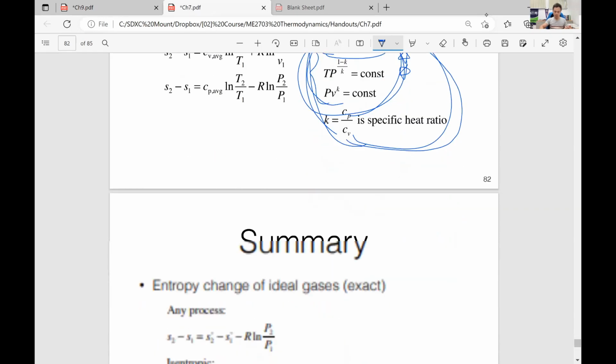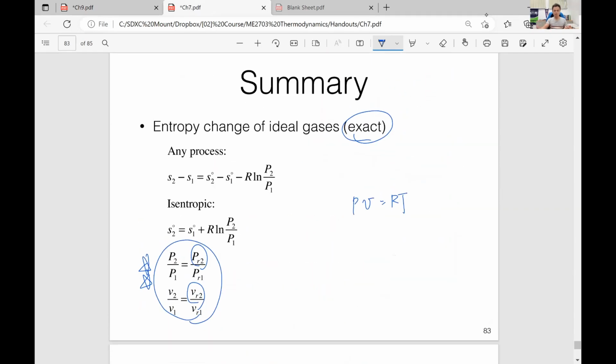However, if the problem tells you to use air standard assumptions without "cold," then you will need to use this relation for the isentropic process, and that implies that you will need to use the ideal gas tables to look for what you need.